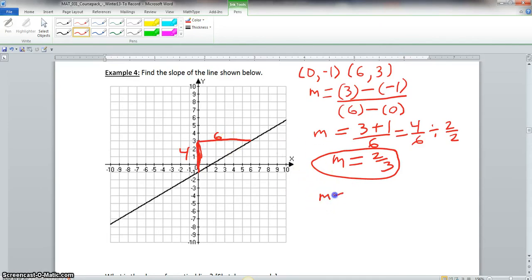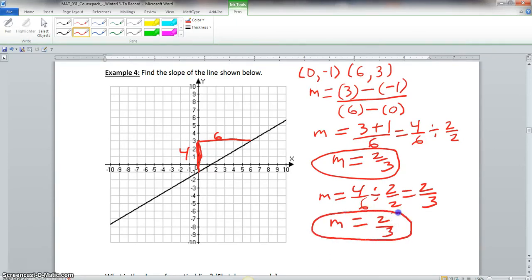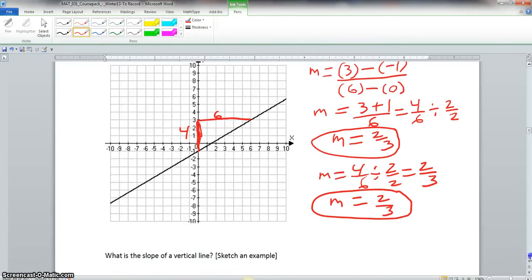So we could have written our slope as 4 over 6, and then we could have just divided the numerator and denominator by 2, and that would have given us 2/3. Our slope still would have been 2/3. Now that is another way of doing it. Either way is acceptable. However, you won't be able to do this method always with the rise over run, because you need some exact measures to do it.